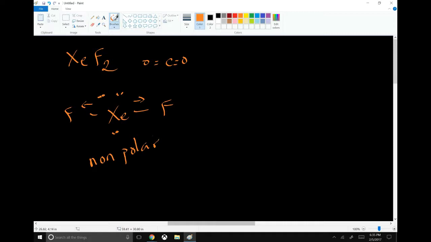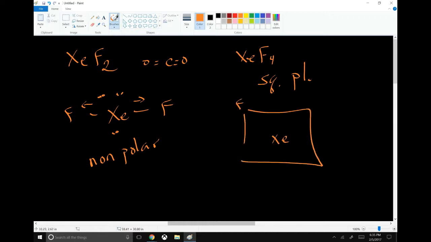So you should still draw the molecule out just to be safe. Because similarly, xenon tetrafluoride was our square planar molecule. And that was xenon at the center of a square with fluorine at each corner. Now it's a 4-way tug of war that is perfectly balanced.